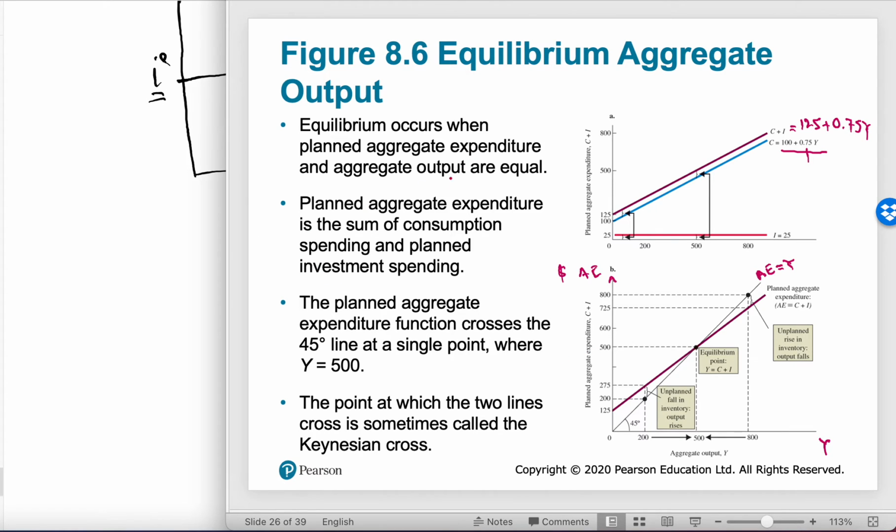The locus of pairs of Y and AE which are equal is shown by the 45-degree line. So the equilibrium condition is the intersection of the 45-degree line and the aggregate expenditure C plus I, which gives you exactly that 500.